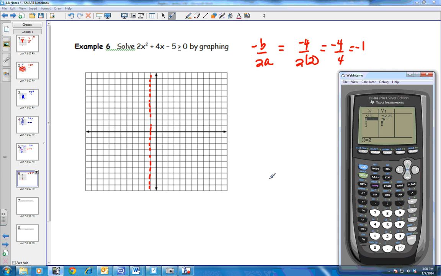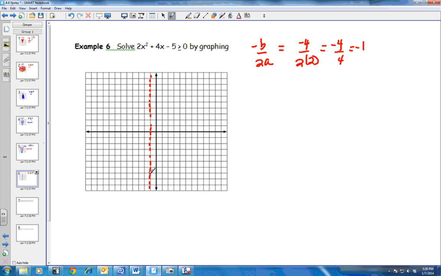Okay, let's go to our calculator. I'm going to plug that in. 2x squared plus 4x minus 5. Okay, let's go to our table and type in -1 because that was my axis of symmetry. So -1, -7 is my vertex. So here's -1, -7.